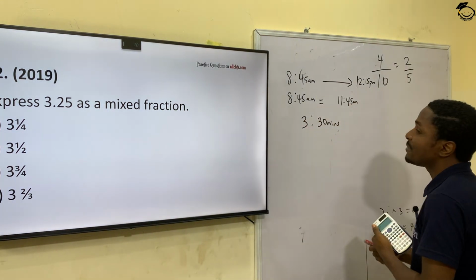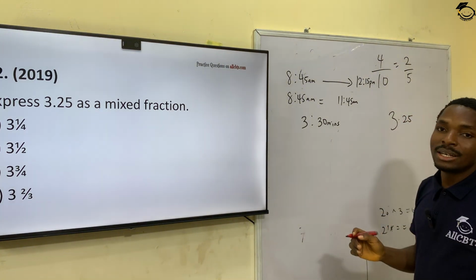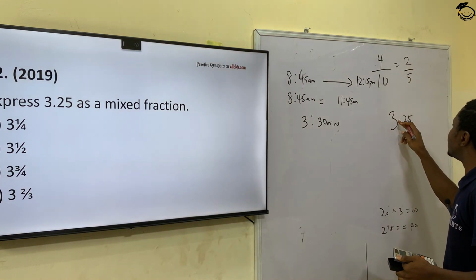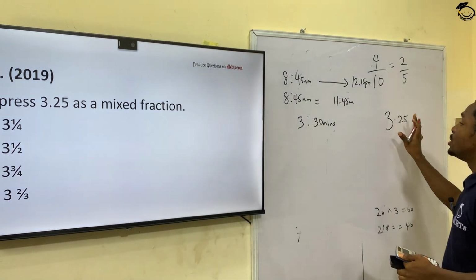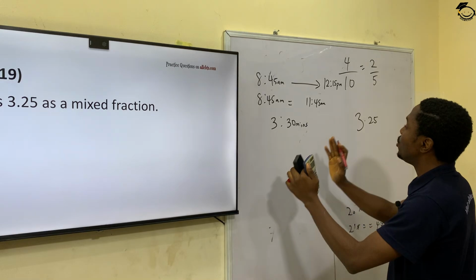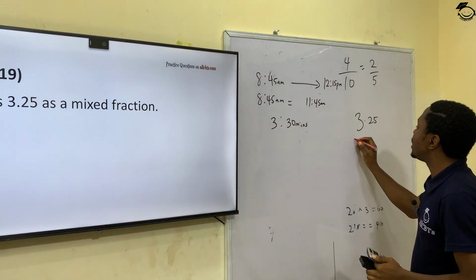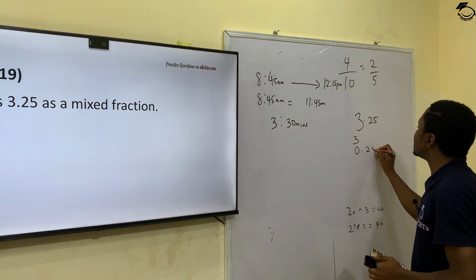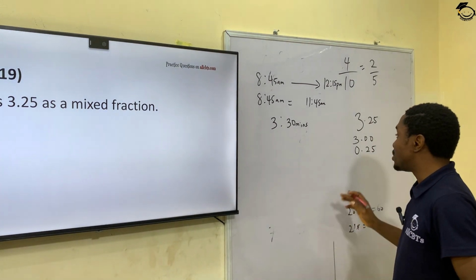If we separate this decimal number into a whole number and a decimal number, what you have is 3, and then you also have 0.25. Do you agree? You have 3.00 and you have 0.25.